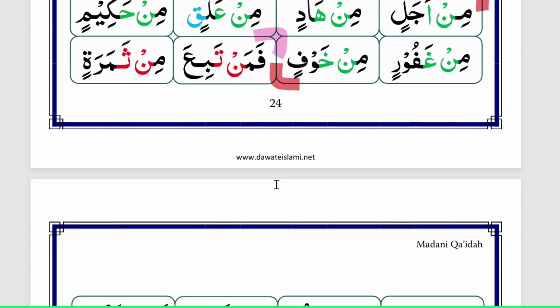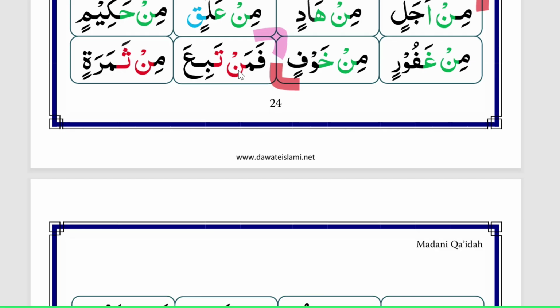Let me give you an example. Ta is from ikhfa letters, which is coming right after noon sakina. So ikhfa will be done in this word. You need to pronounce this noon sakina with gunna, taking sound into your nose, like faman tabi'a, in this way.